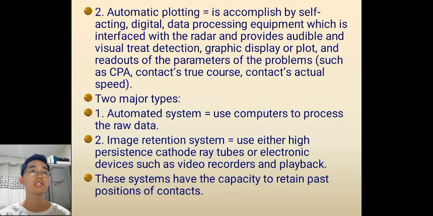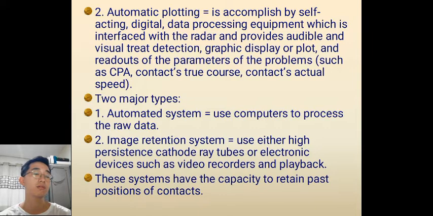Automatic plotting is accomplished by self-acting digital data processing equipment which is interfaced with the radar and provides audible and visual threat detection, graphic display or plot, and readouts of the parameters of the problem, such as CPA, contact true course, and contact actual speed.